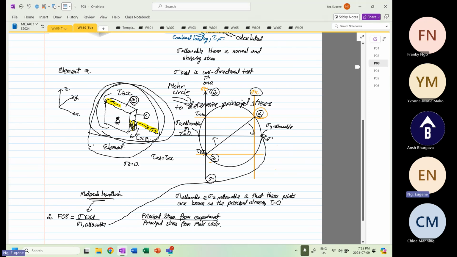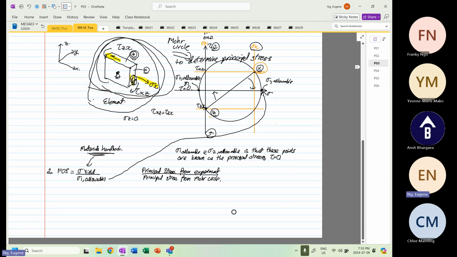After knowing your principal stresses, then you can formulate your factor of safety. So that's why, the week after next basically, we have to learn Mohr's circle. Then we can pick materials from the materials handbook.